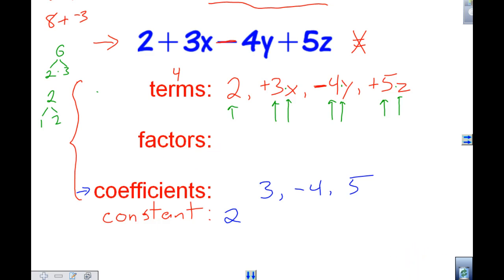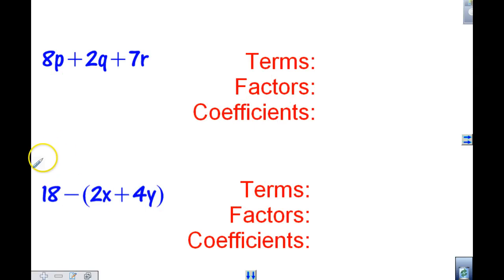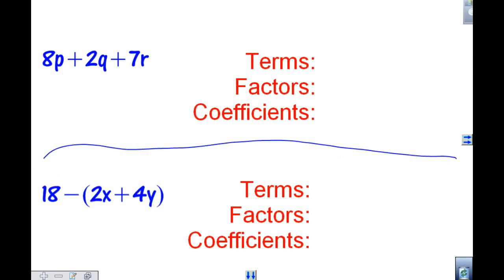All right. Okay. You guys try, just do the top one. Write out the terms, the factors, the coefficients, and let's also throw in a constant.